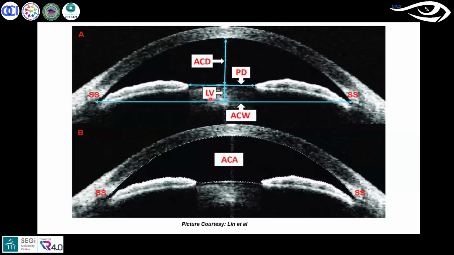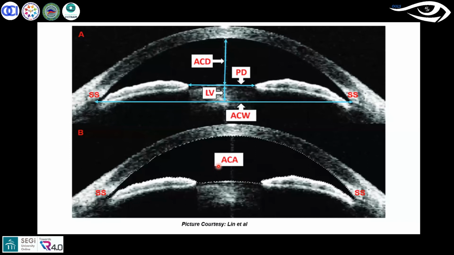And you also have the lens vault, which is the perpendicular distance between the anterior pole of the crystalline lens and the horizontal line, which you measured for getting the anterior chamber width. So this is the lens vault. And you also have the anterior chamber area, which is the complete area bordered by the posterior surface of the cornea, the anterior surface of the iris, and also the anterior surface of the lens, which is located within the pupil.